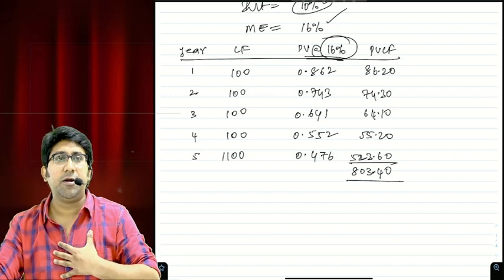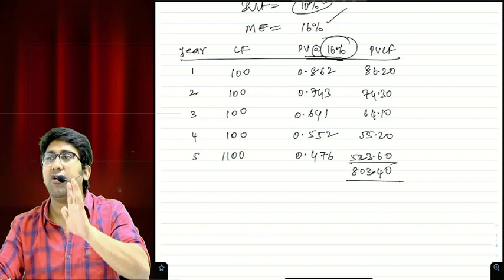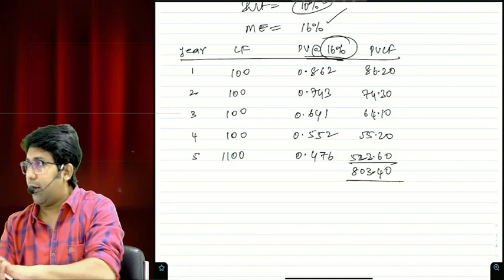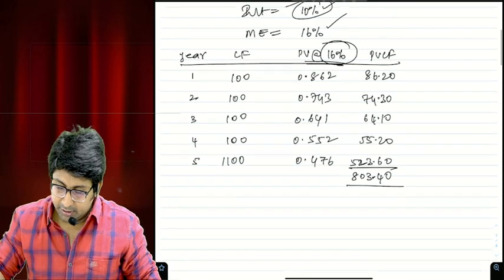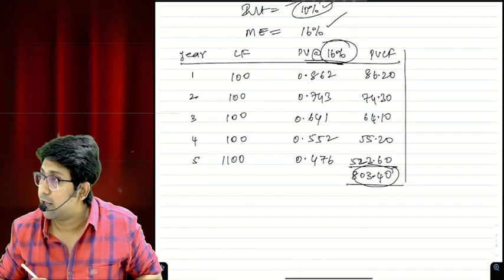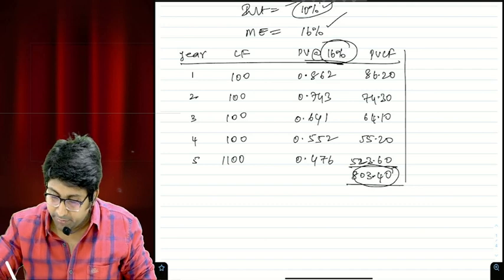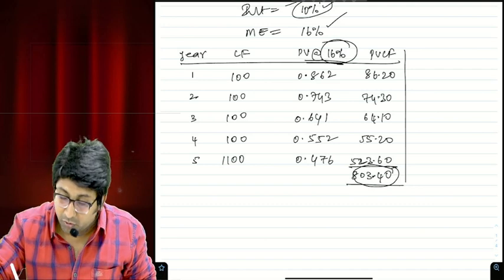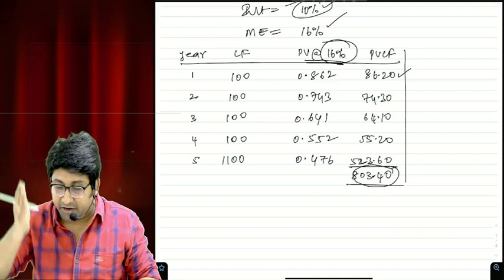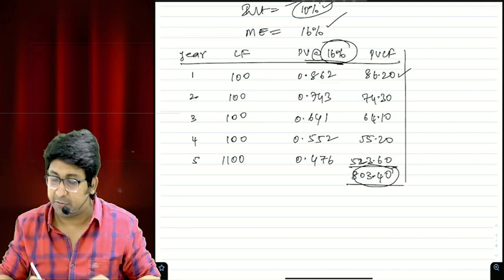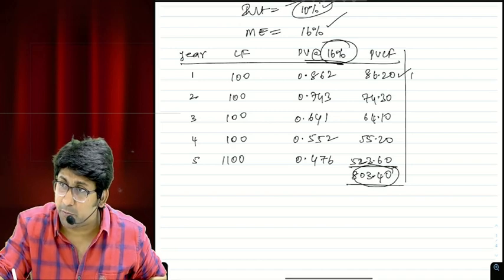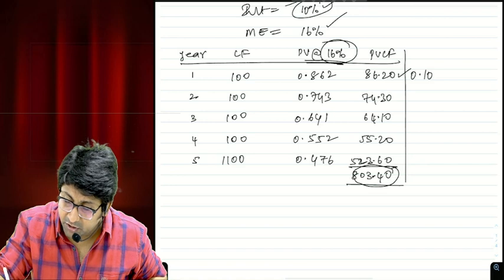So I should not purchase this bond for a value higher than what? That's all. This is the motive. Clear? Now answer my question clearly. 803.4. In this 803.4, what is the proportion of 86.2? 86.2 divided by 803.4. Please tell me the number, but very fast. 0.107.